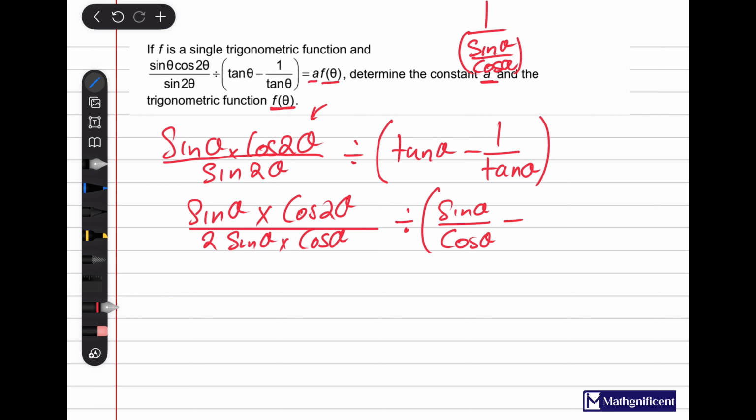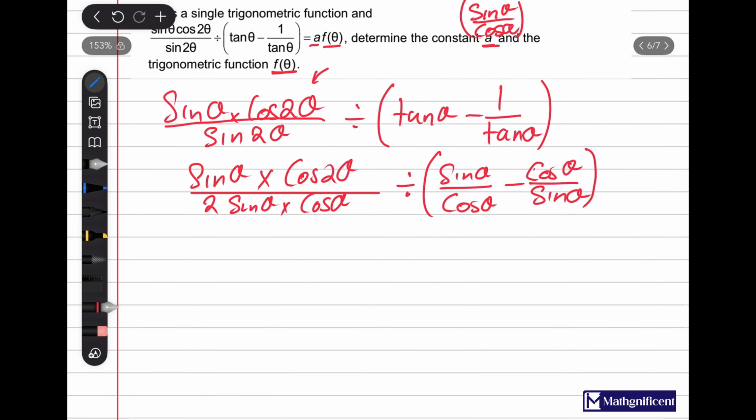Dividing by a fraction is the same as multiplying by the reciprocal. So what is the reciprocal of sine theta over cos theta? The reciprocal of sine theta over cos theta is going to be cos theta over sine theta. So when you multiply 1 by cos theta over sine theta, you're still going to get cos theta over sine theta.